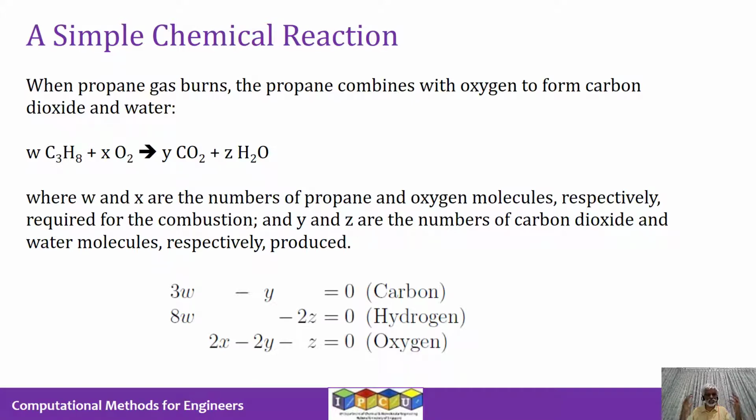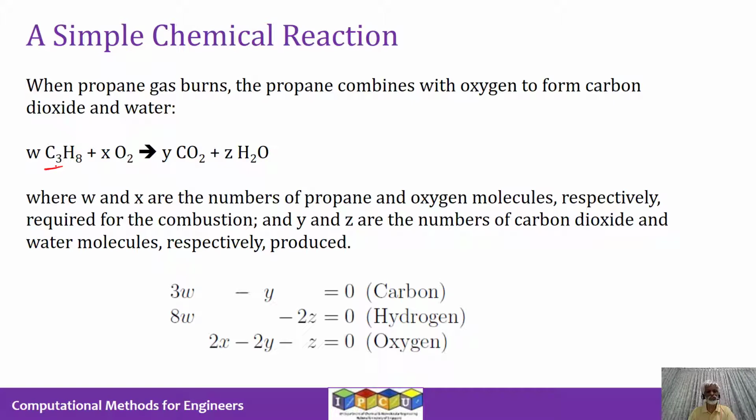With that in mind, let's write down the equations for the three elemental species that we have, namely carbon, hydrogen, and oxygen. When we write the equation for carbon, on the left hand side we have three carbon atoms in 1 mole of propane, and therefore in W moles of propane, you will have 3W moles of C. That is the C on the left hand side of the equation.